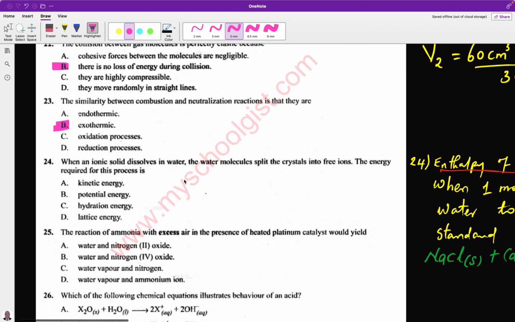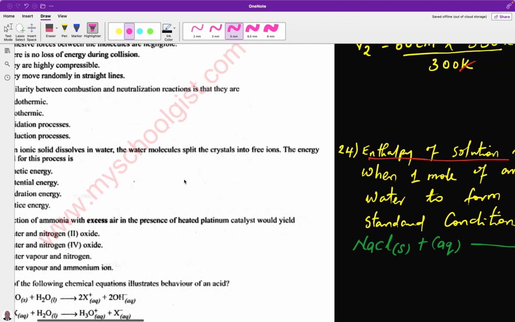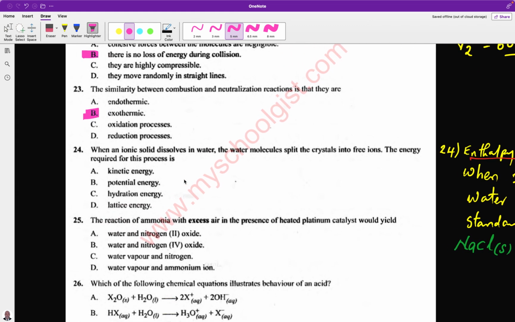What I expected as the most appropriate answer would have been energy of solution or enthalpy of solution. But since it doesn't have any link with kinetic energy, potential energy, or lattice energy, we will take C to be the answer here.